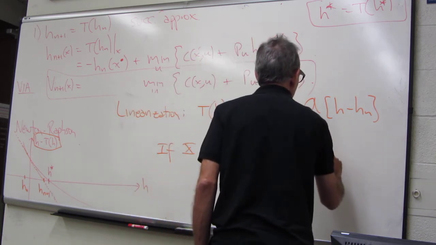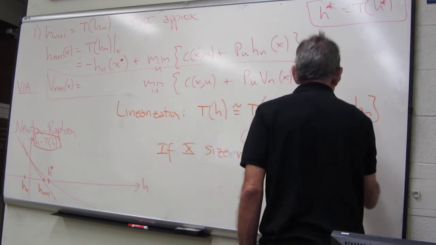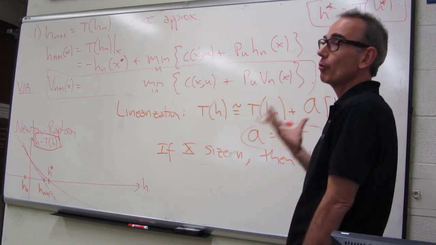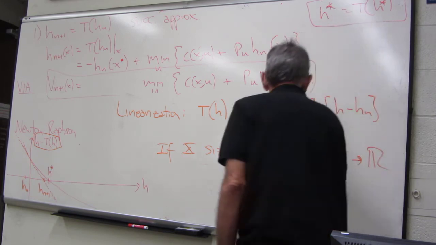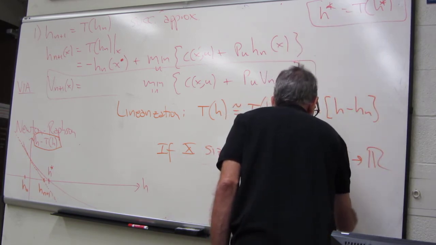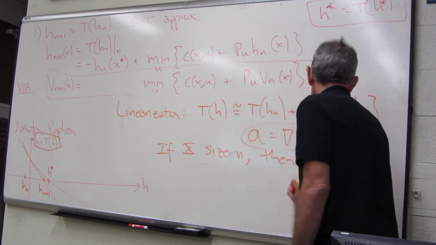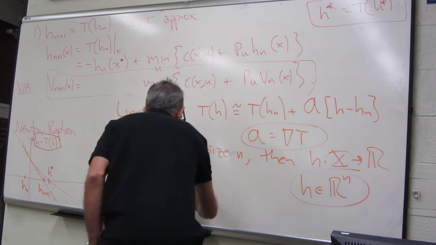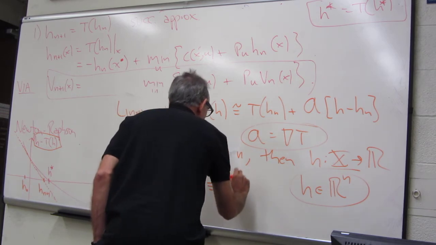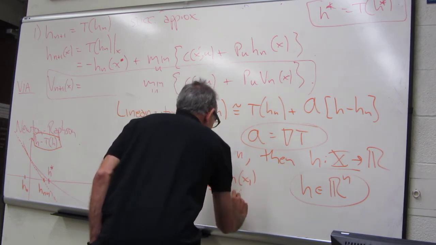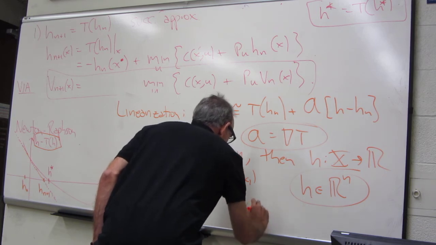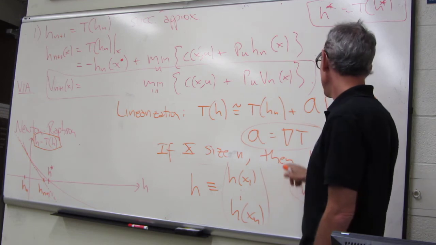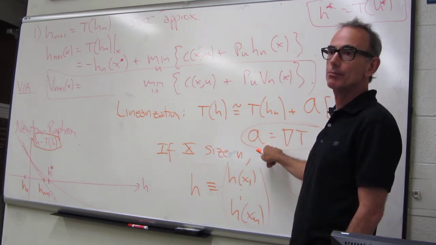So if we're in a finite state space of size n, then h, yes, it's a real-valued mapping on the state space, but it's also an n-dimensional vector. h is represented as h of x_1 dot dot dot h of x_n. When I say functions and column vectors, that's what I mean. And so A is going to be an n by n matrix.